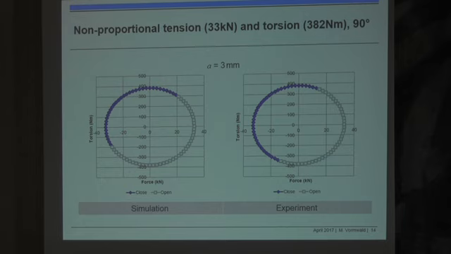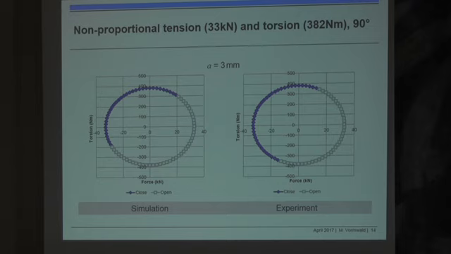Here there is plotted the normal force over the torsion moment, and the 90-degree out-of-phase loading produces an ellipse in this graph. And we have indicated here the portion of the cycle where the crack is closed in this dark blue color. And when the crack is open, these are the hollow symbols here.